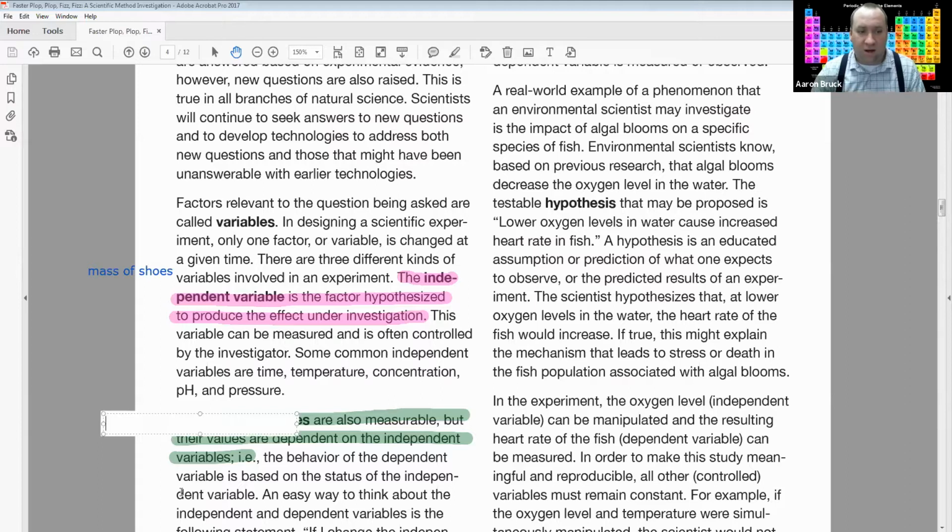So the dependent variable in our example would be how long did it take the person to run the course or run the distance that we prescribe in the experiment itself. So we compare the mass of the shoes versus the time it takes for the person to run the distance on the track.